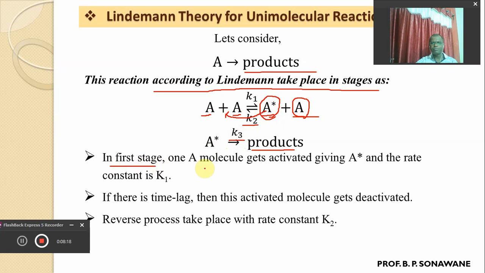So in the first stage, one molecule of reactant gets activated to form the activated molecule, and the rate constant is K1.